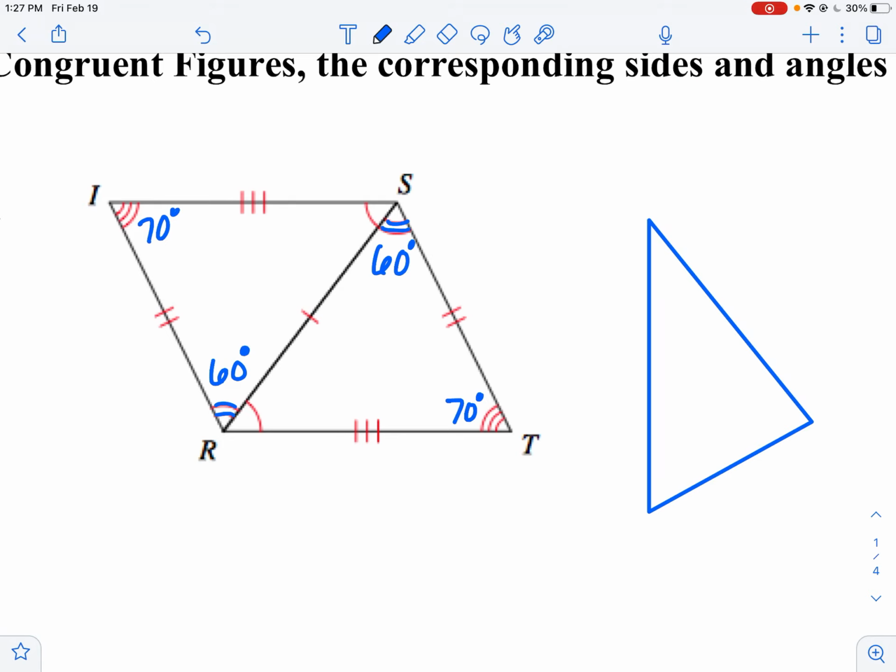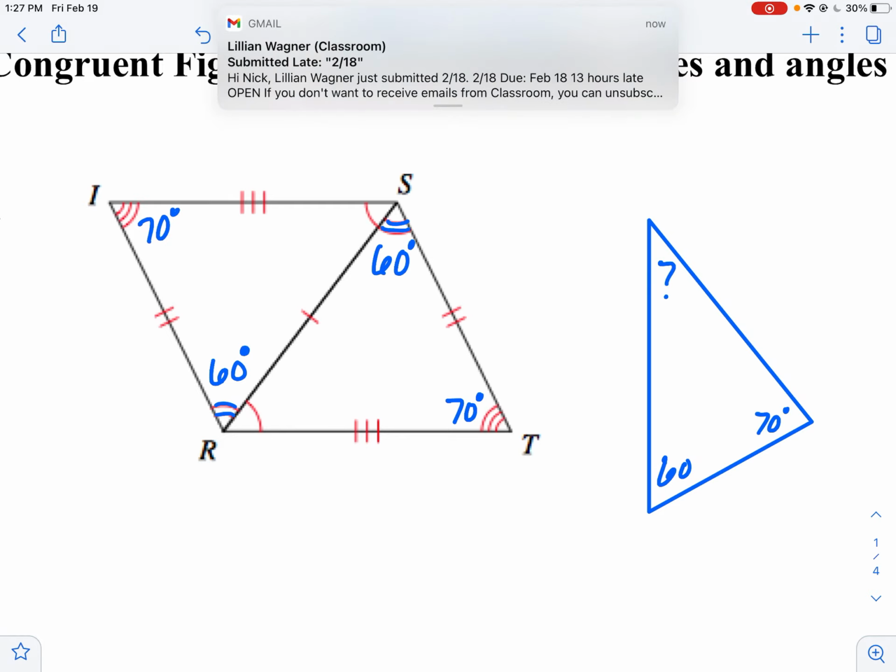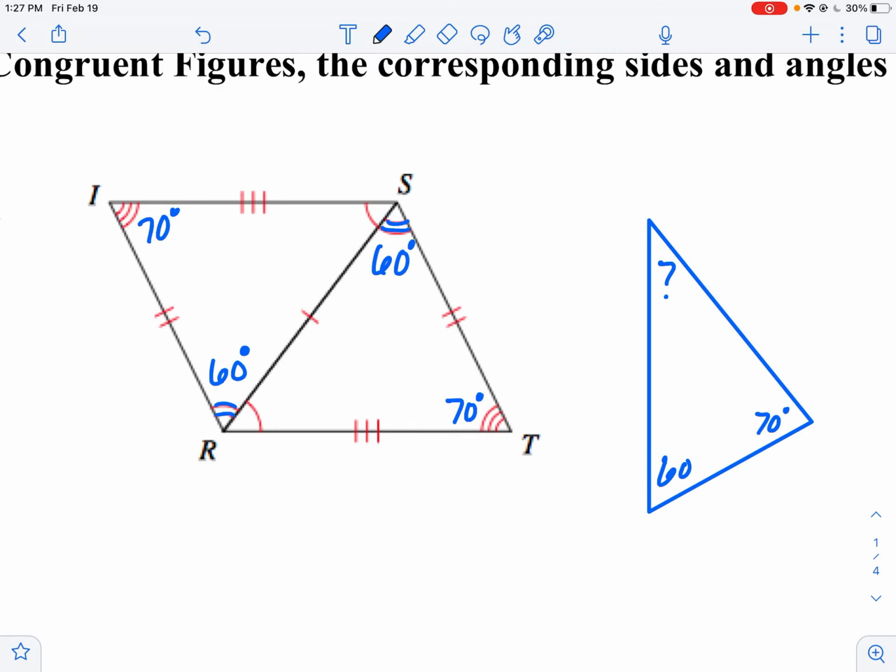And then, let's say I have 60 and 70. I could ask you to find the third angle, because what do we know about the 3 angles in a triangle? What should they add up to? Well, if it's a triangle, then they should add up to 180, right?